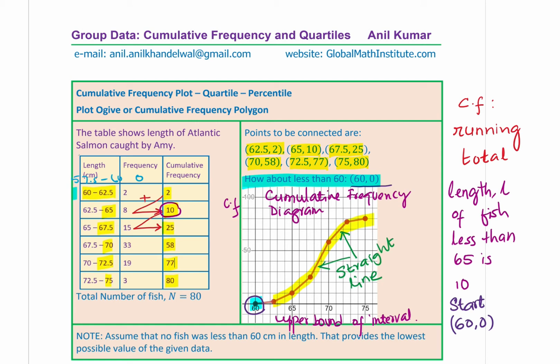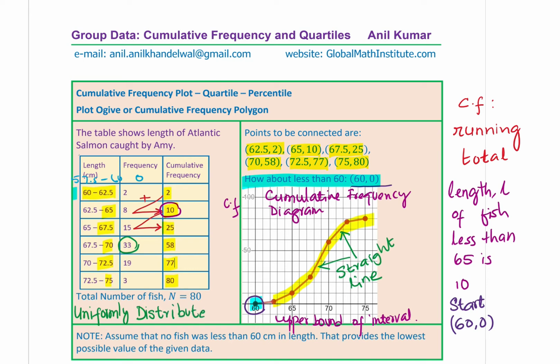When we connect it with a straight line, we are making an assumption that the data provided here, when we say we have 13 within the interval 67.5 to 70, is uniformly distributed, like in a straight line.